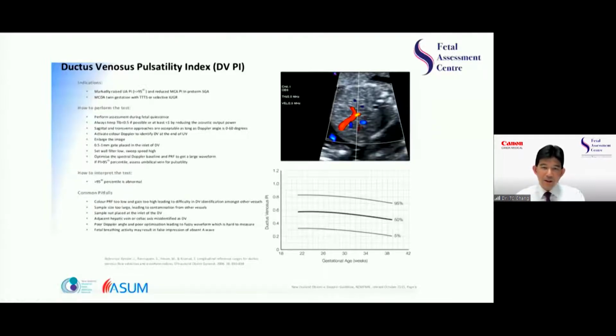Or you sample the wrong adjacent vein, such as the hepatic vein, for example, by mistake. Or you do your sampling during fetal breathing, and that really gives you confusing waveforms to look at. So I think it's important to get your settings right.